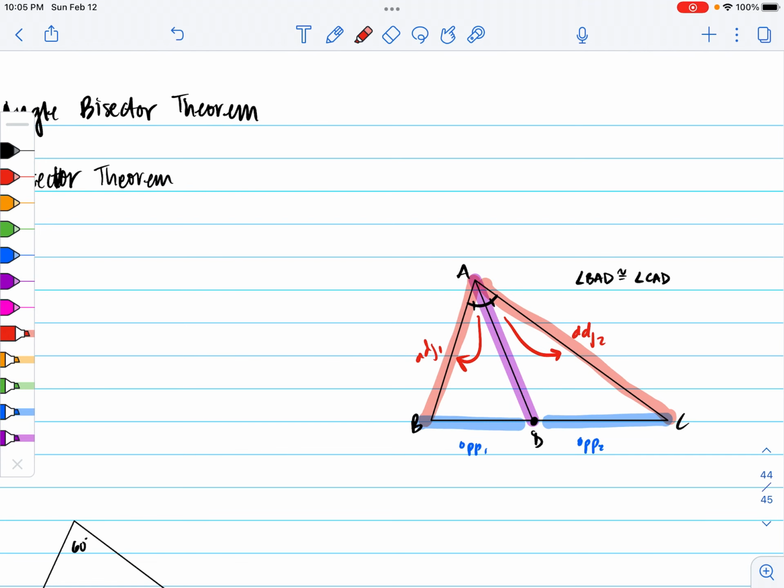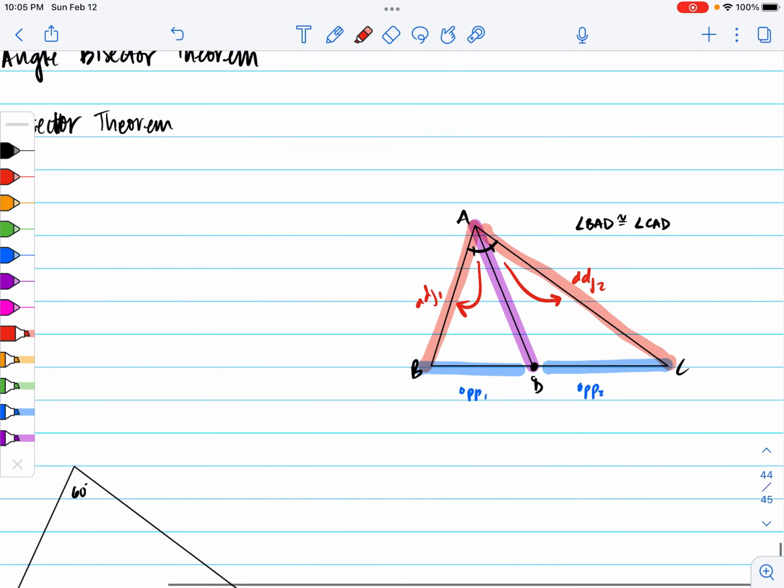I'm going to say ADJ, adjacent side 1, okay, which is our AB length, or AC length, is going to be proportional to our ADJ2 side, adjacent side 2.